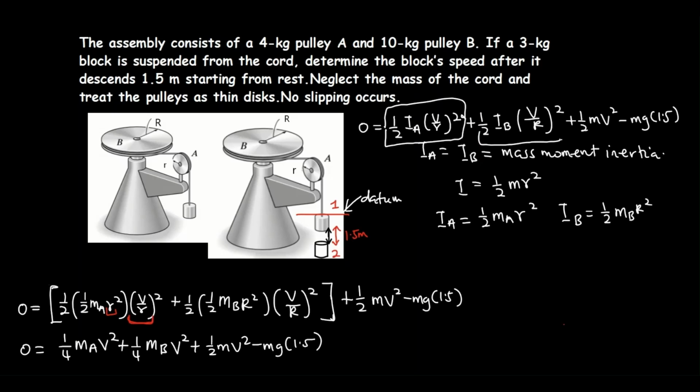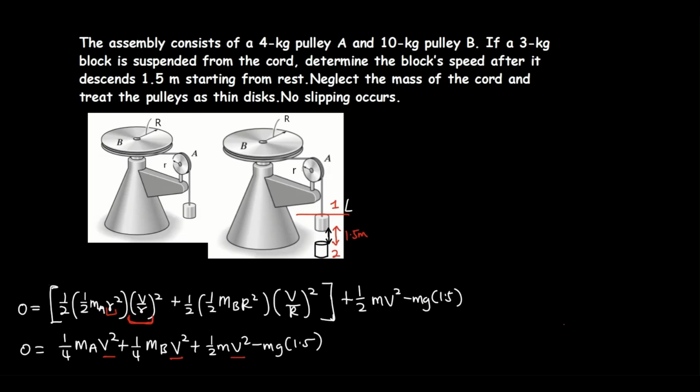What you have to do next is make v the subject, because that's what we are supposed to find. You see that v is common to the first three terms here. We have v here, here and here. So you just have to factor it out.